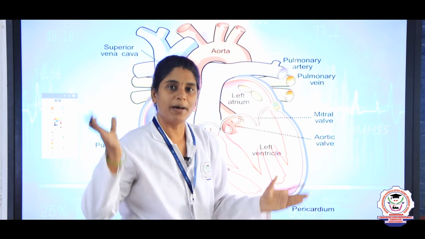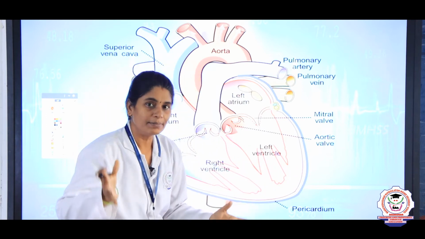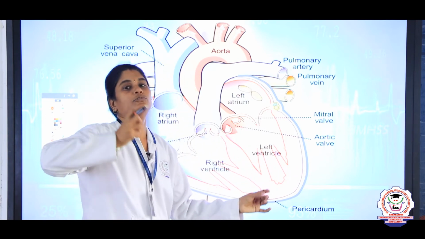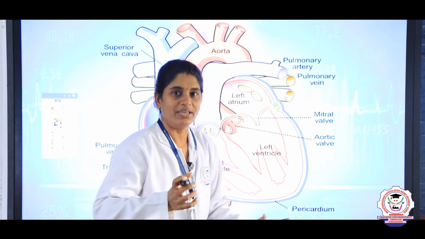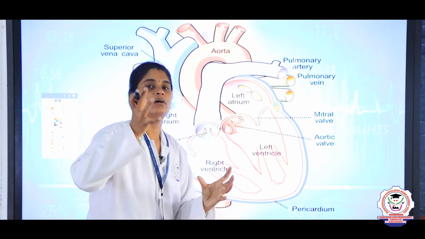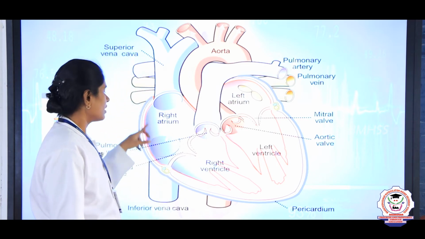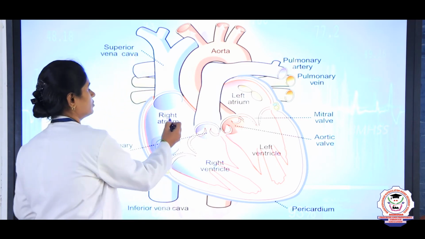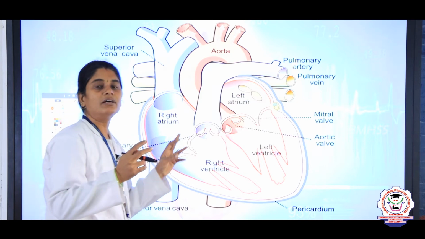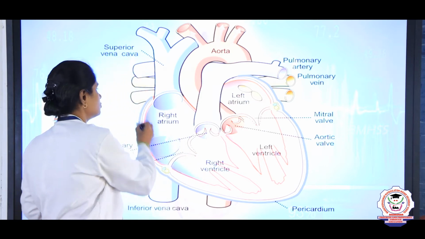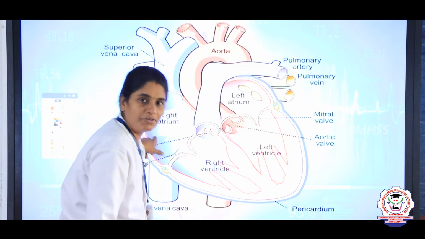From all the parts of the body, the deoxygenated blood is collected through the veins, and through the superior vena cava and inferior vena cava. In the right atrium we have 2 things known as the superior vena cava and inferior vena cava.